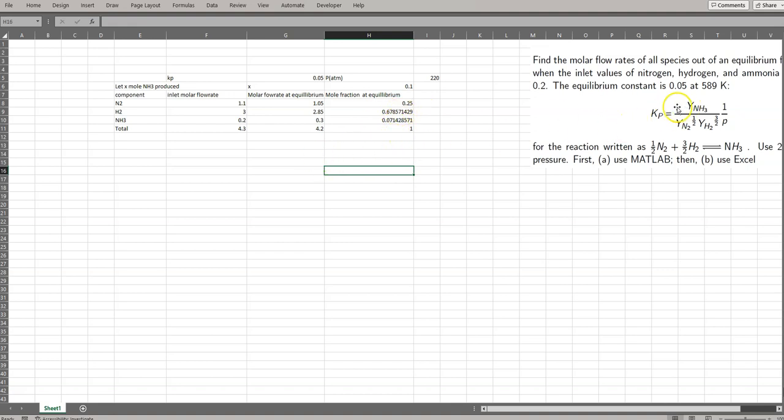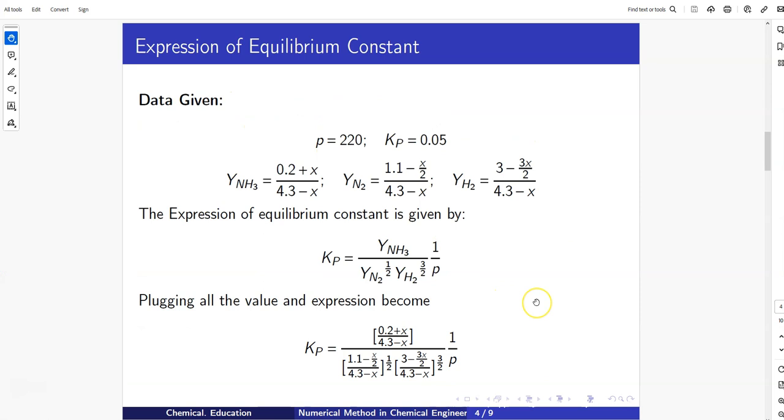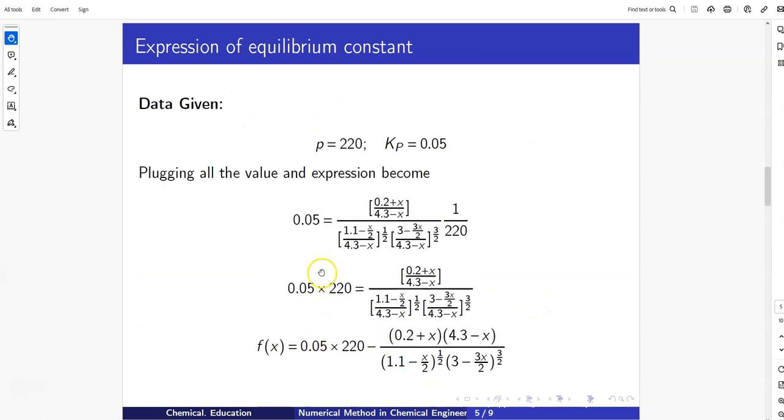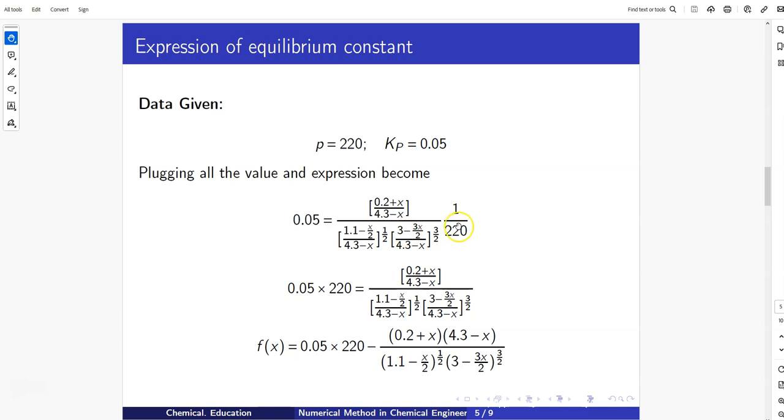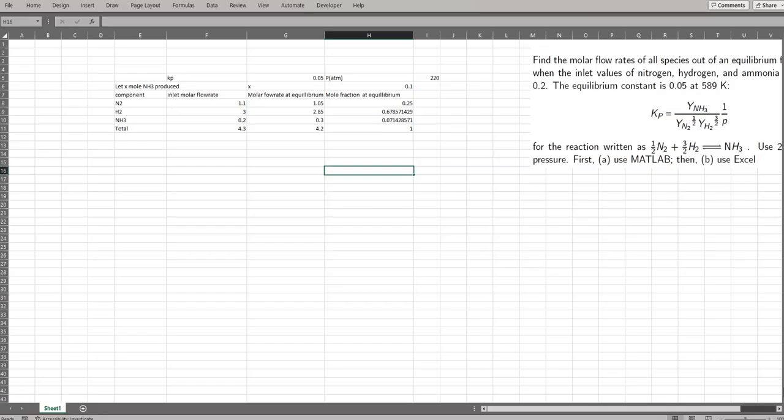Now, the Kp value is there, so we have to make that equation. We already got that equation: Kp into P minus the mole fraction term. Now we can do that in Excel.